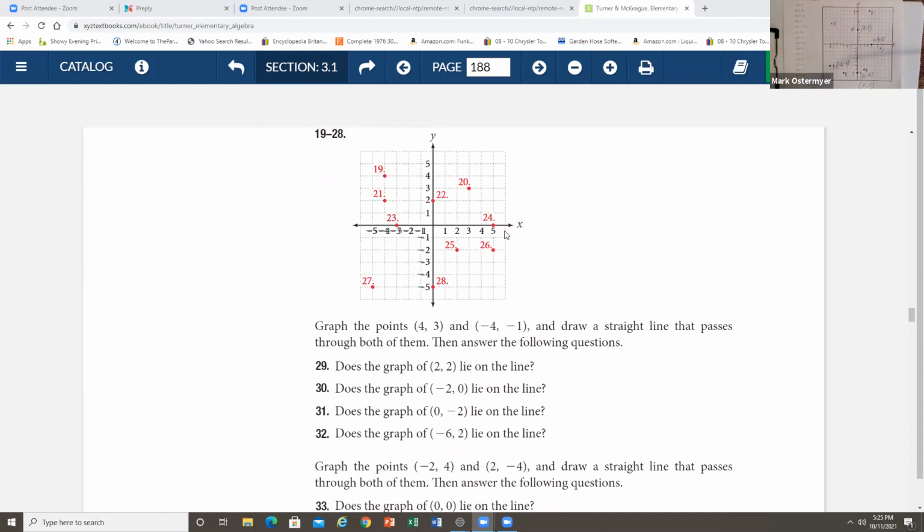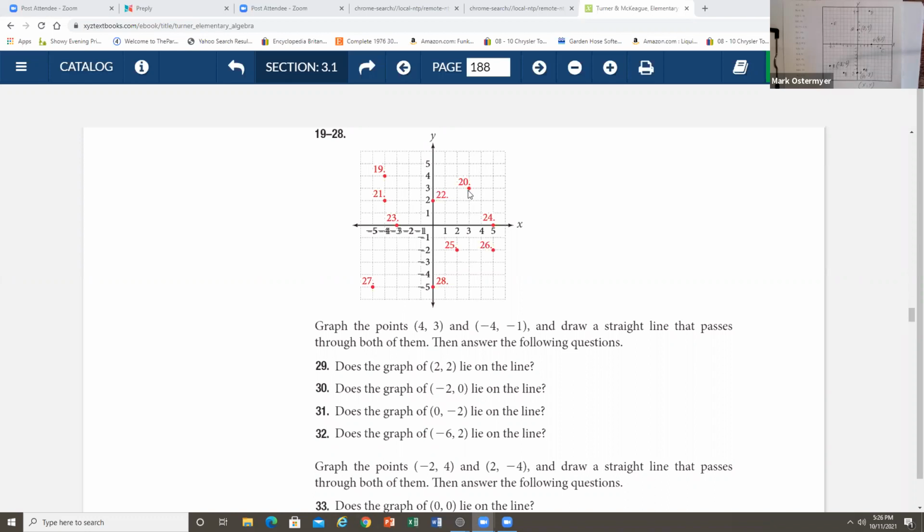Problem number 20 is point number 20 here in the first quadrant. What would be its x coordinate for number 20? 3. And what's its y coordinate? 3.